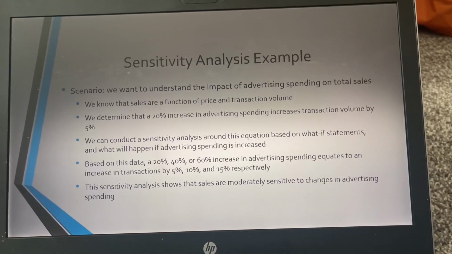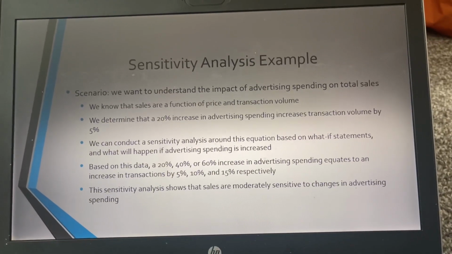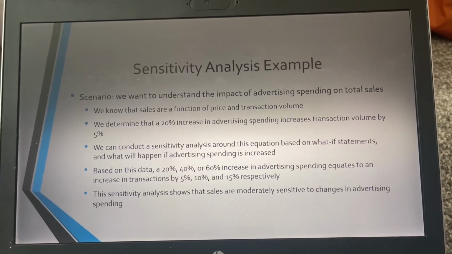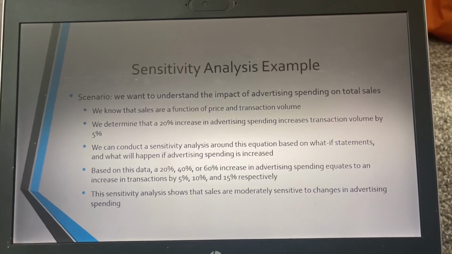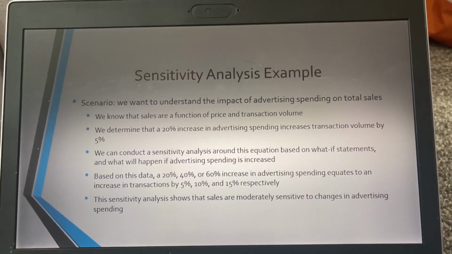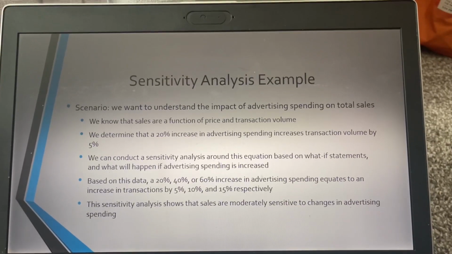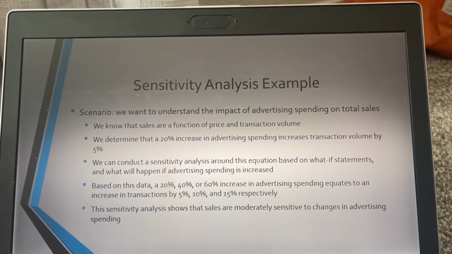Based on this data, we already know that a 20% increase increases sales by 5%, and we can extrapolate that to figure out that a 40% increase in advertising spending would increase sales by 10%, and increasing advertising spending by 60% would increase sales by 15%. So this sensitivity analysis would show that sales are moderately sensitive to changes in advertising spending.